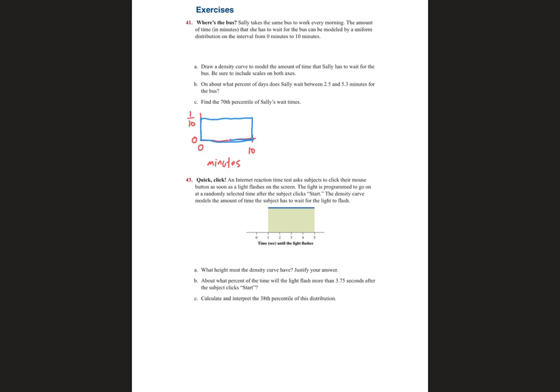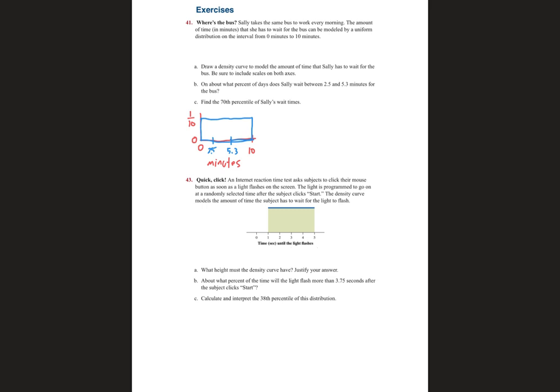Okay, so for B, they say, on about what percent of days does Sally wait between 2.5 and 5.3 minutes for the bus? Okay, so right there is, let's say 2.5, and let's say 5.3 is about right there as far as minutes.